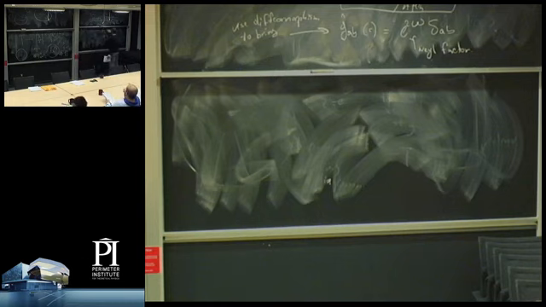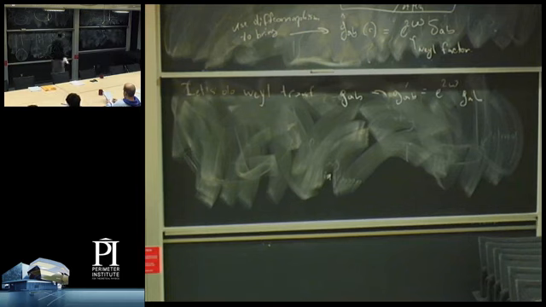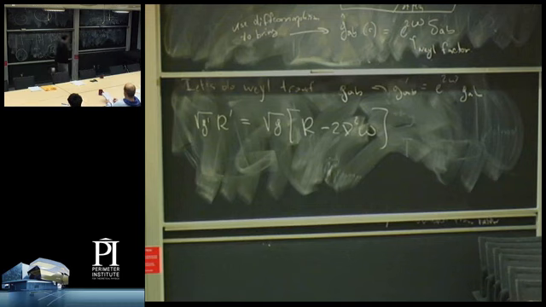So I start with the metric g_ab, which goes to g_ab prime, which equals omega g_ab. And I'm asking, how does my Ricci scalar transform? And so I will find that the primed one is going to be equal to square root of g, times the Ricci scalar minus 2 and so on. This is the formula in our favorite book on general relativity, which is Wald. So it tells us how various parts transform under Weyl transformations.